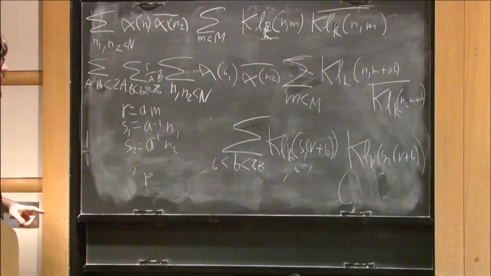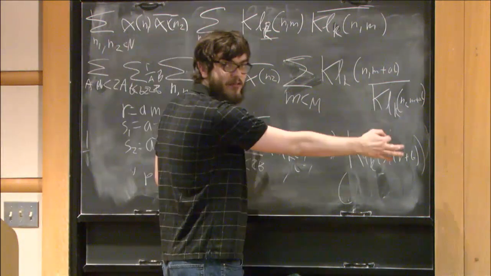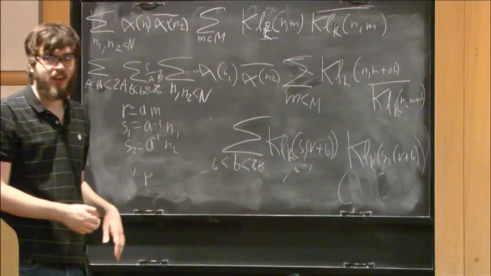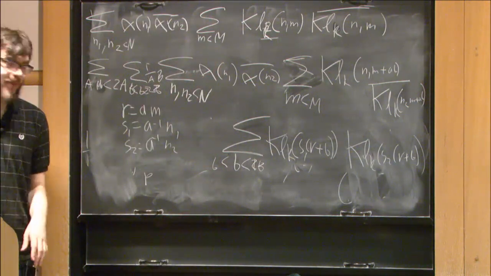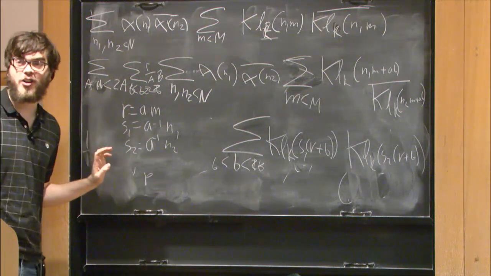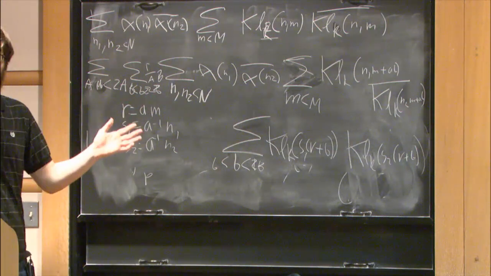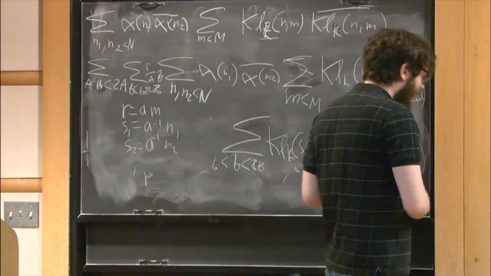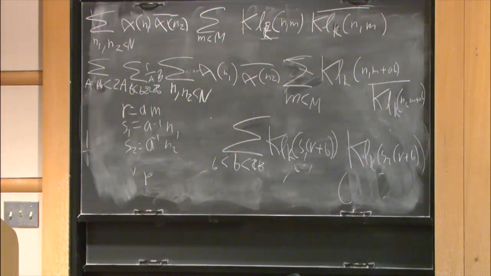And now we apply the Holder inequality. So we raise this to the 4th absolute power, and we sum it. And we raise all the other stuff to the 4/3 power and sum it. And you bound the 4/3 power of that other stuff by elementary methods. And then we bound the 4th power of this stuff by very non-elementary methods.